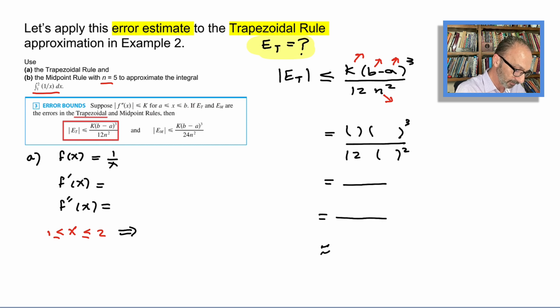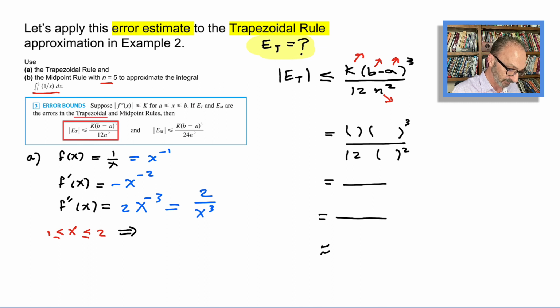To find f prime, I'm going to rewrite this as x to the power negative 1 and use the power rule. f prime will be negative x to the power negative 2. And f double prime will be positive, because negative 2 is going to go up front. It's going to change everything to positive: 2x to the power negative 3, which could be rewritten as 2 over x to the power 3.